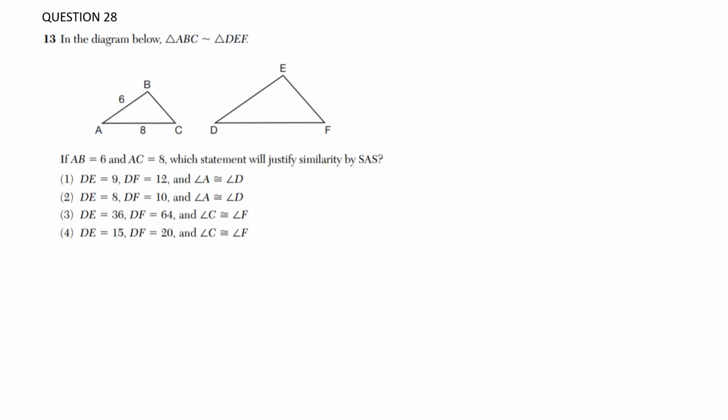In this next question, they say that triangle ABC is similar to DEF. And we can kind of eyeball it and see that DEF is a scaled up version of ABC. If AB is 6 and AC is 8 as given in the diagram here, which statement will justify similarity by SAS?